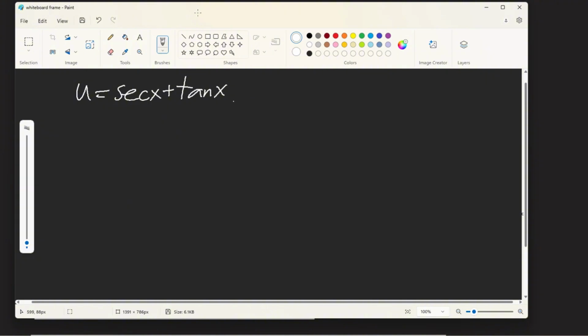You let u equal secant x plus tangent x, or somewhere similar, plus or minus, whatever, but I'll just do plus for now. Then 1 over u is equal to secant x minus tangent x, okay? And this is very nice because then you get 1 plus u is equal to 2 of what?